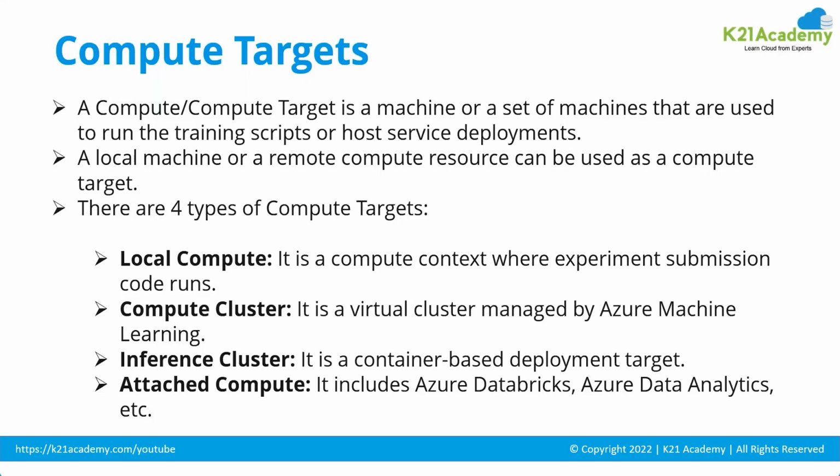But again, how many to deploy, okay? So let's say you have deployed 4 CPU cores. But when the workload increases, you want it to increase to 8 CPU cores. And when the workload decreases, you want the compute instance to decrease to maybe 2, okay? So with compute cluster, you are able to set this up. So you're able to scale up and scale down dynamically depending on the workload, okay? So that is the main difference between your compute instance and compute cluster.